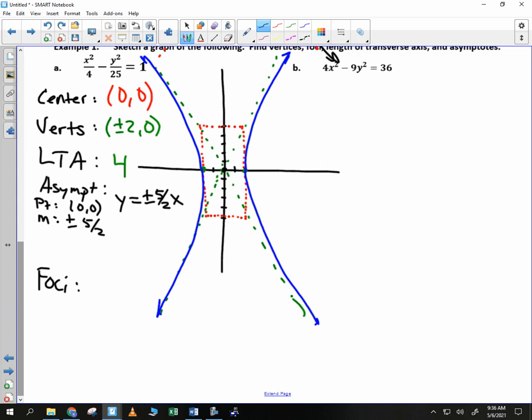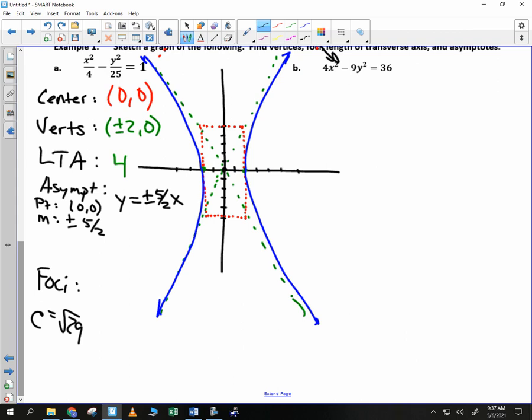All right, what value do I have to find in order to determine the foci? C. What is the equation for C? A squared plus B squared is C squared. So does it matter which one is bigger? It doesn't, because you're adding them. So you add them together, you get 29. So C is equal to the root of 29, which is like, what, 5.5? So 1, 2, 3, 4, 5.